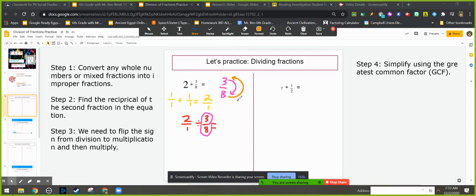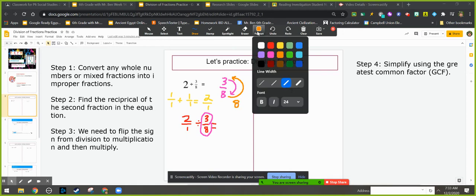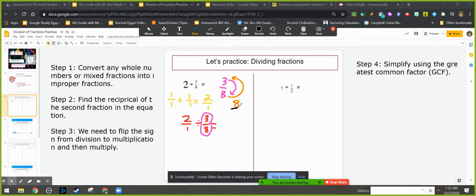The new fraction is going to be 8 over 3. This is the reciprocal.